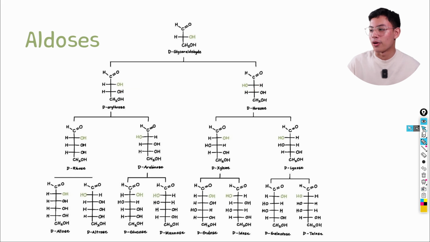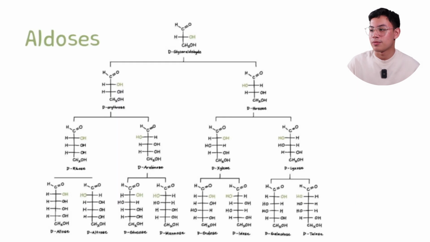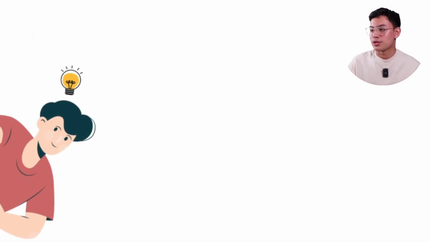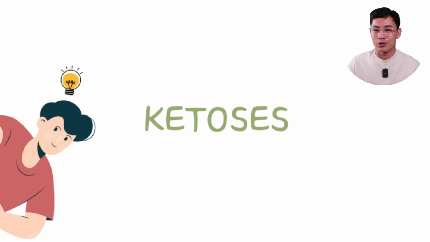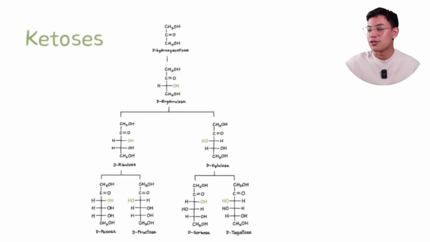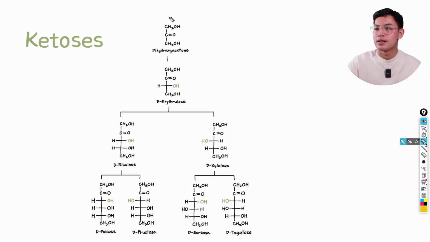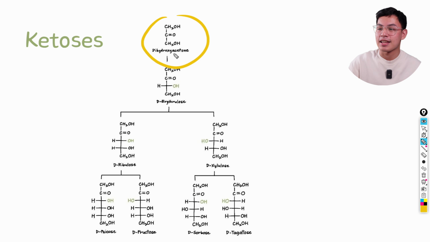What about your ketoses? For the ketoses, recall that their functional group is the ketone group. And as a result, their family tree might look like this. The parent compound for the ketoses is dihydroxyacetone.